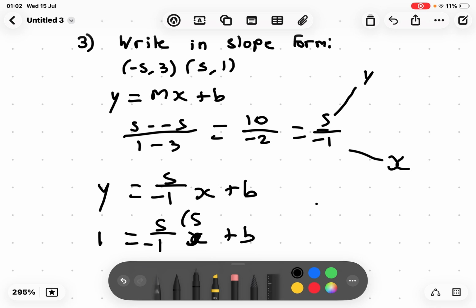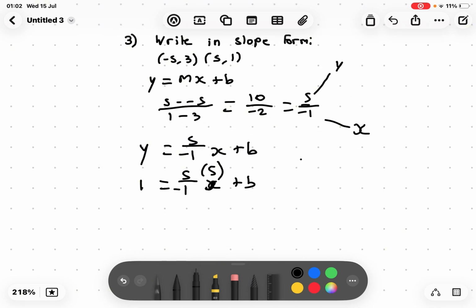Five. And then over here we'll get 25. And then you put this in a calculator and that will give you -1.